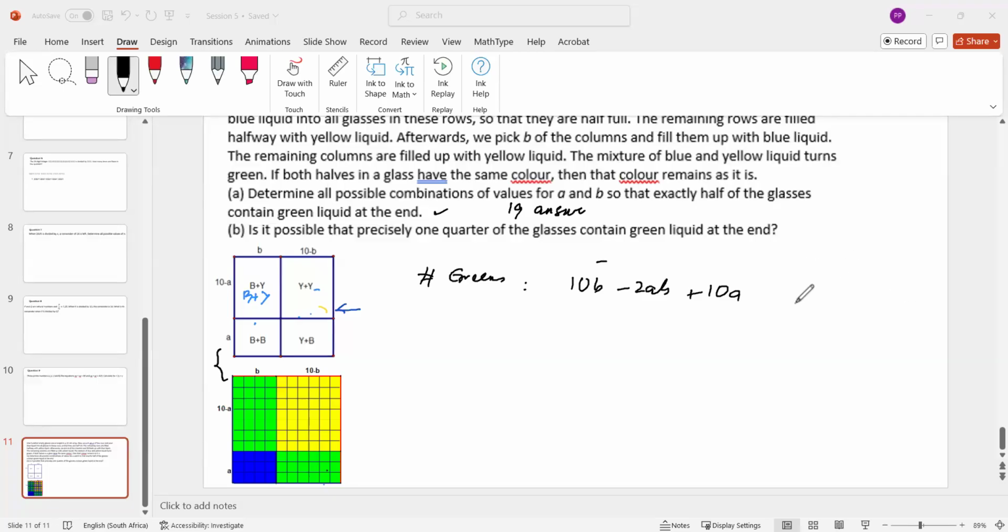And then we had 50 here, and we solved it. But the question is, is it possible that a quarter of them are green? In other words, is it possible that this is equal to 25? The answer is no, because this is even, you see. This number here is even: 10 times something, 2 times something. 25 is not even. So it's not possible.